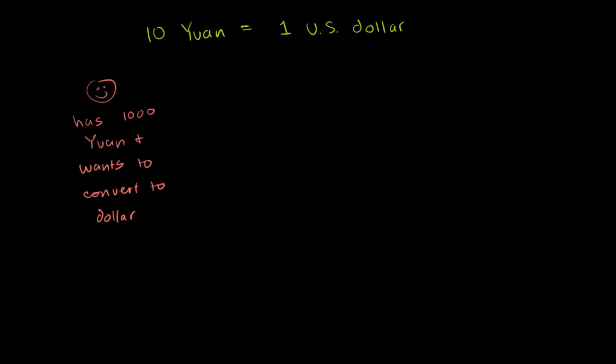But let's say you have two other actors over here. And obviously, these markets involve many, many more than just three people, but this will help us simplify, or at least understand, how these exchange rates would work. Let's say that this person right over there, with the mustache, and maybe a hat as well, has $100 that he needs to convert to yuan.